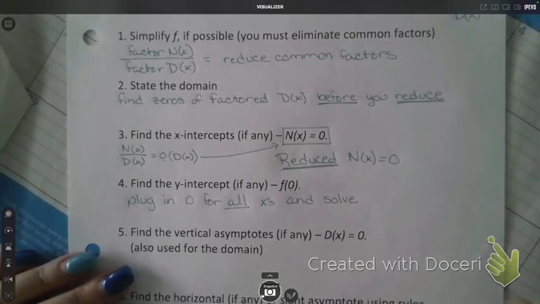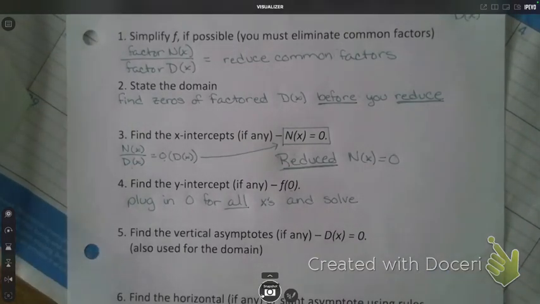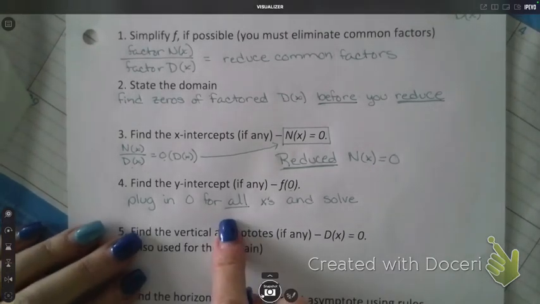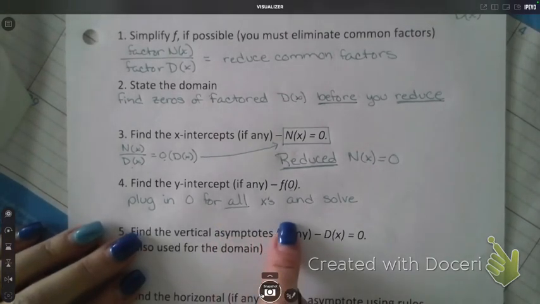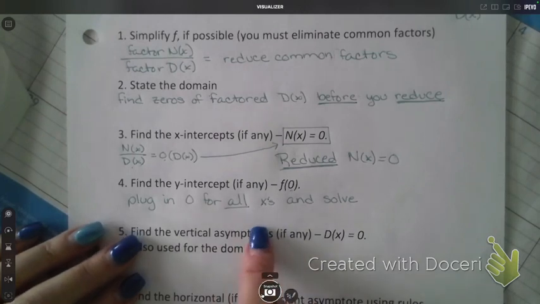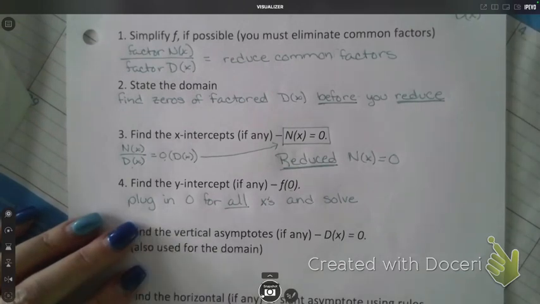When I say all, that means in the numerator and in the denominator. This usually is easier with the original problem. You can put it in the factored reduced form if you want, but it's usually easier in the initial form before you reduce.